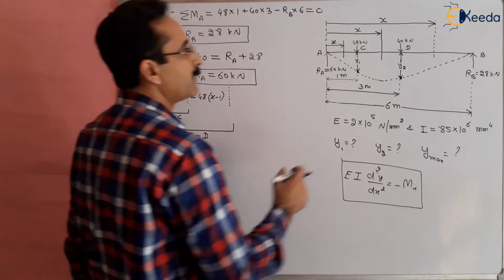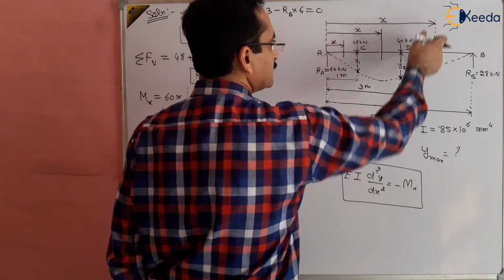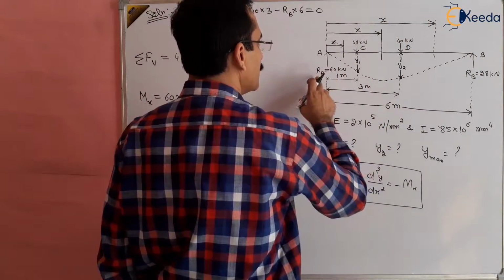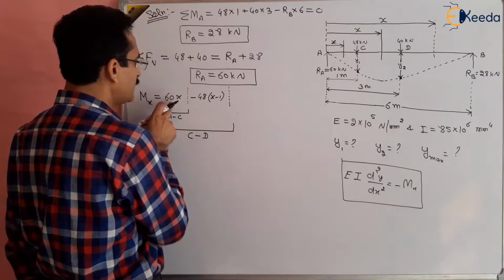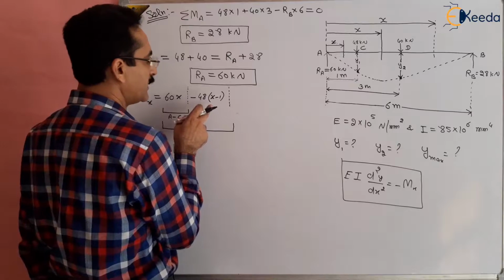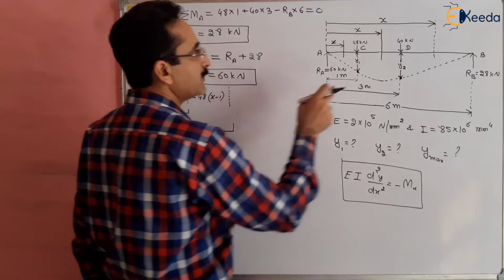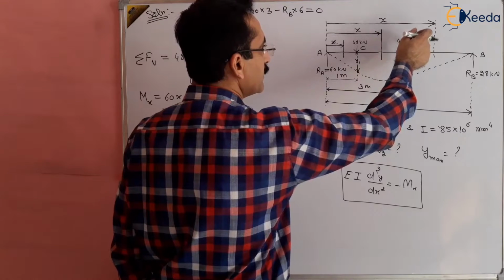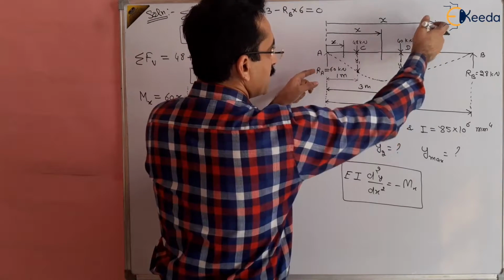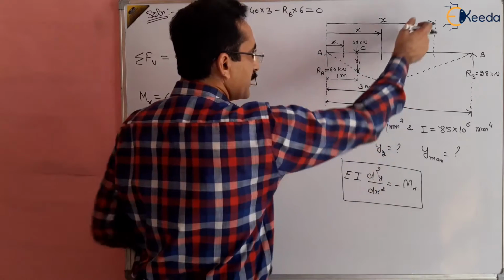And for the third part, take the moment about this axis between D to B, with the moment of RA, 48 and 40. So the moment of RA will be 60x, the moment of 48 will be this, and then the moment of 40 will be 40 multiplied by x minus 3.